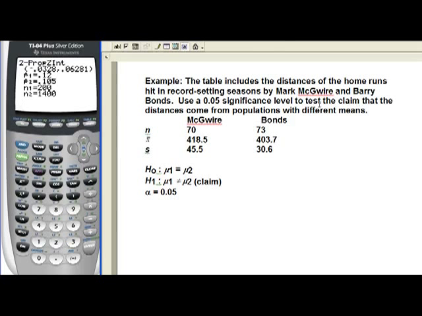We are claiming that the distances obtained from Maguire's hits versus Bond's are different. So we put that in H1. Mu1 is not equal to mu2. That's the claim. And H null is mu1 equals mu2.